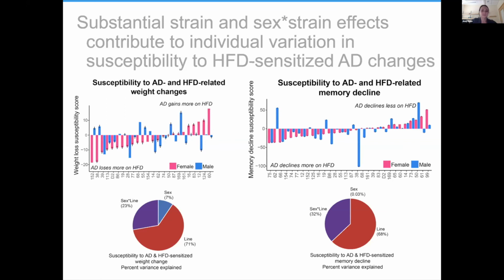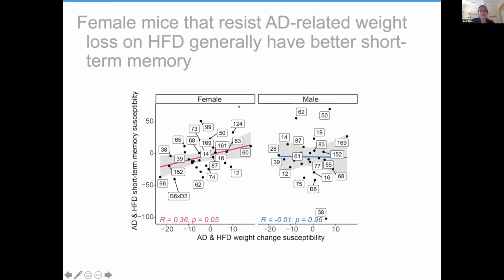And I've plotted males and females here. So you can see that there's a significant sex by strain interaction where females in some strains are responding poorly to a high-fat diet, either metabolically or cognitively, where their male counterparts might be performing better on high-fat diet and vice versa. And I asked what the relationship was between the susceptibility to weight loss and susceptibility to cognitive decline.